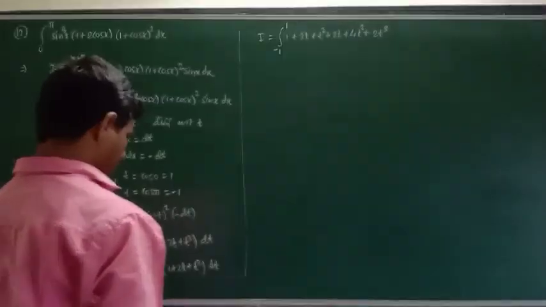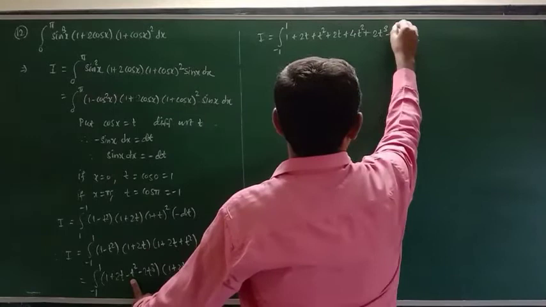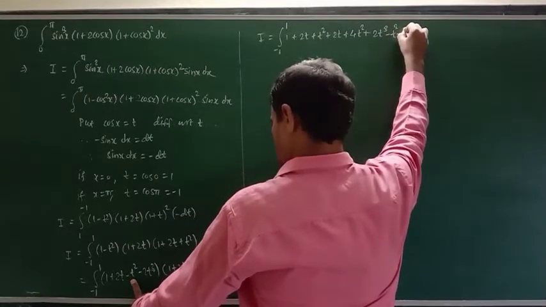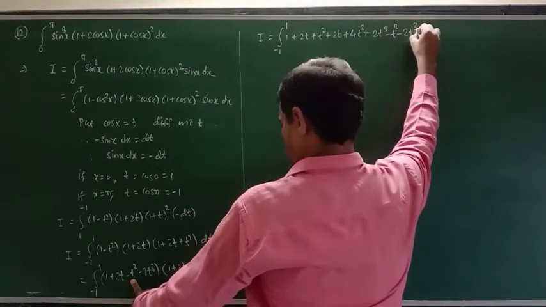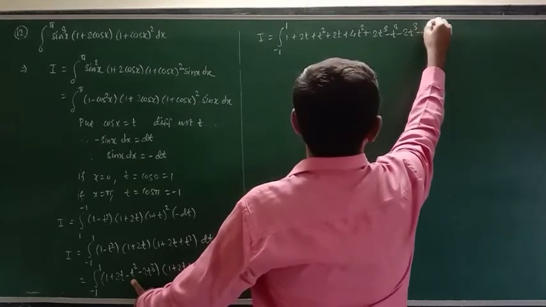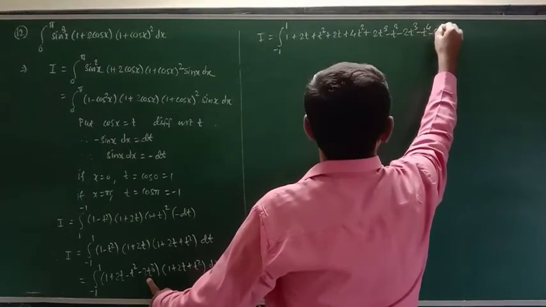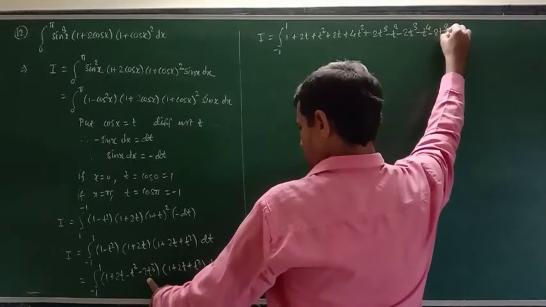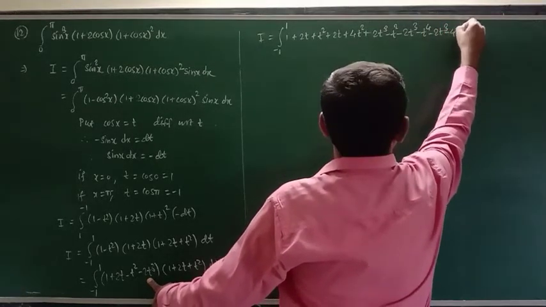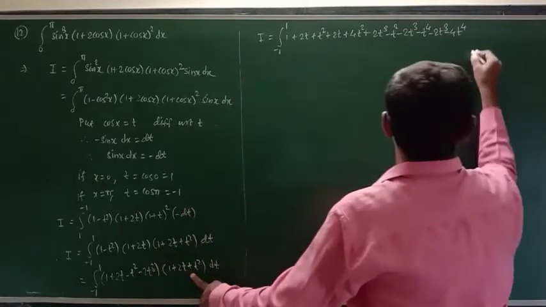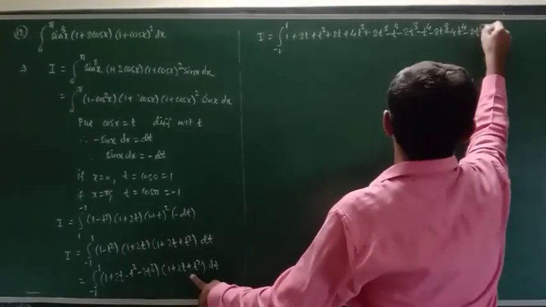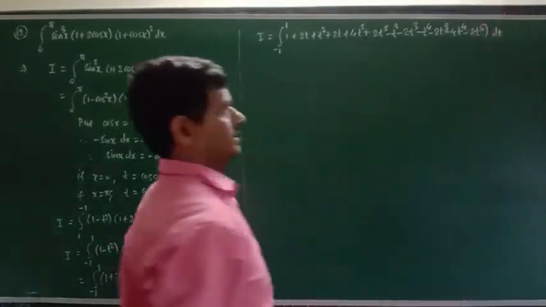Okay, then multiply by minus t square: minus t square minus 2t cube minus t raised to 4. Then multiply by minus 2t cube: minus 2t cube minus 4t raised to 4 and minus 2t raised to 5 dt.